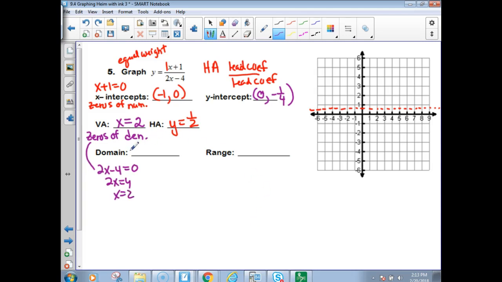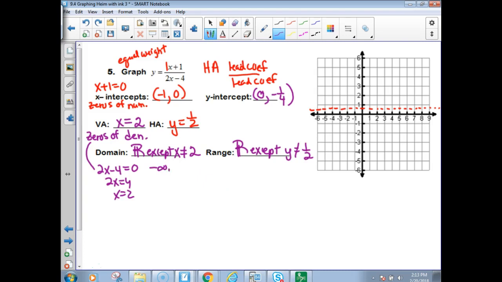All right, now, the domain, all reals except x can't equal 2. And the range, all reals except y can't equal 1/2. You could write that in interval notation.